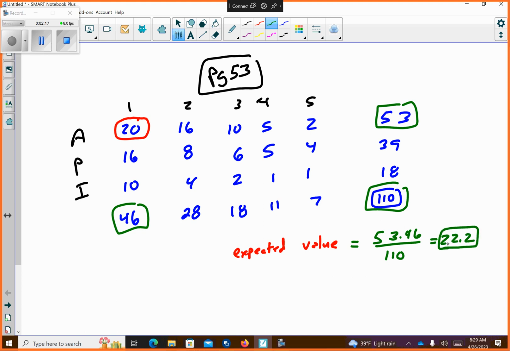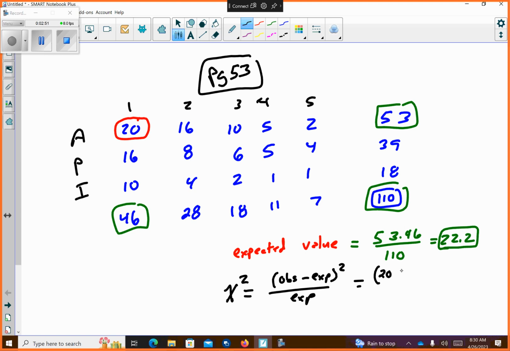So that means you were expecting 22.2 category 1 hurricanes in the Atlantic Ocean. Okay? So then if we want to figure out how this works with the chi-squared, that means I'm going to take my observed minus my expected quantity squared over the expected. Okay? Well, the observed just becomes the 20.